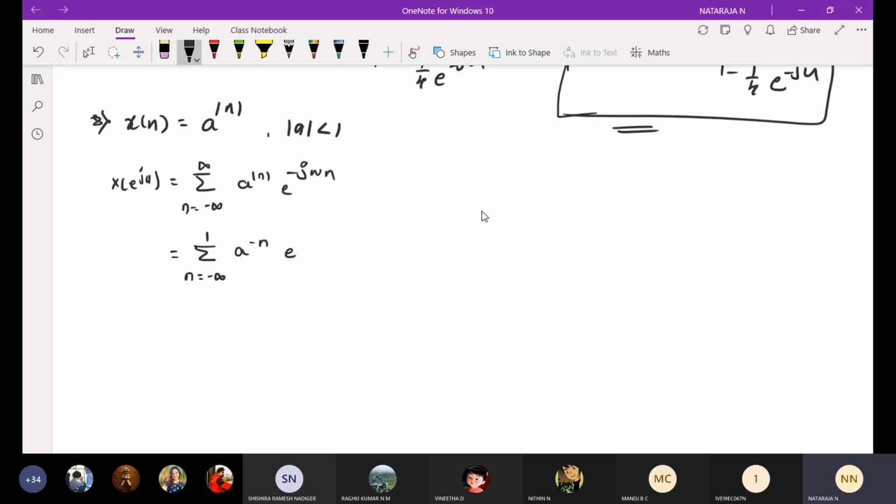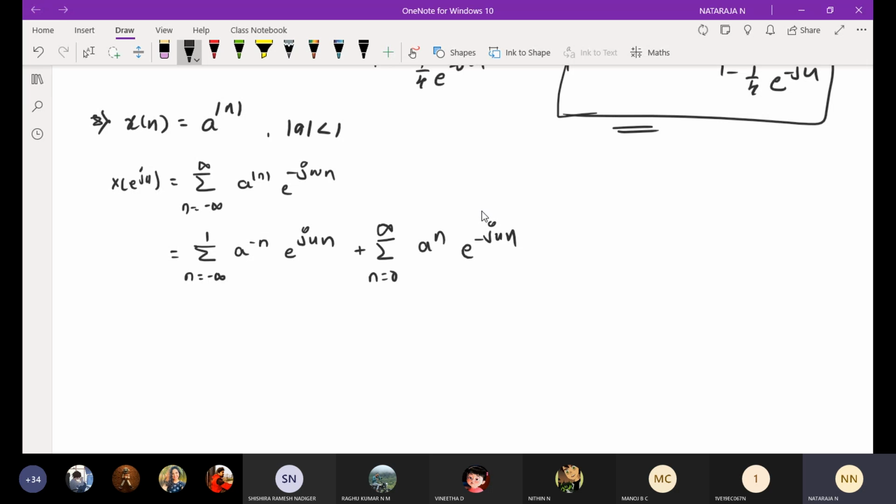This will be minus n, so if I substitute n here, you will get j omega n. Then plus summation n is equal to 0 to infinity a power n e power minus j omega n.